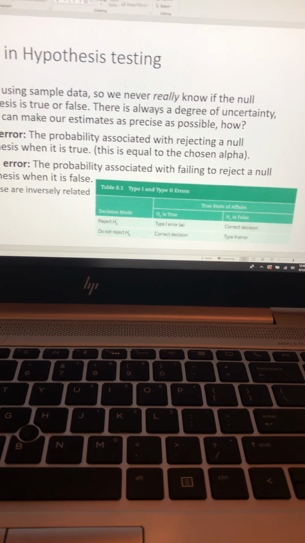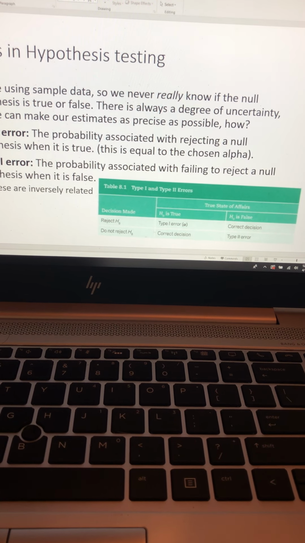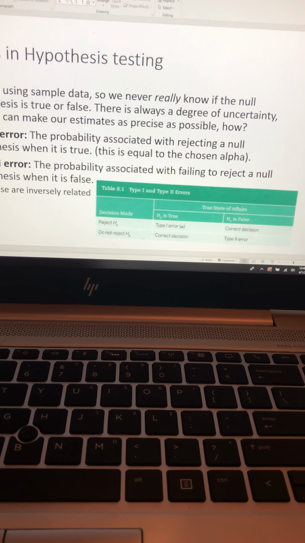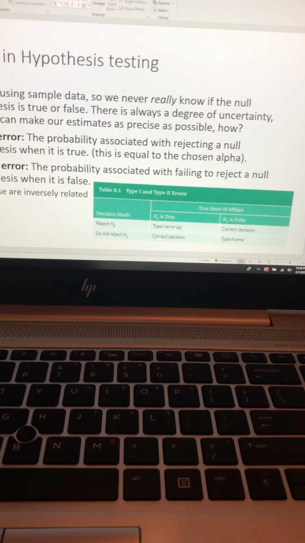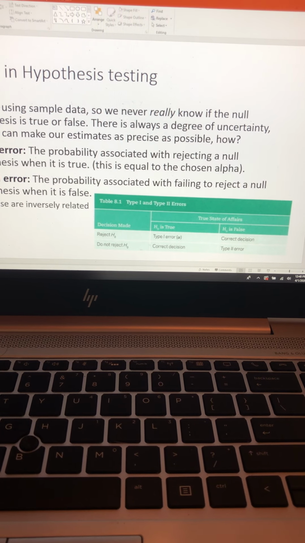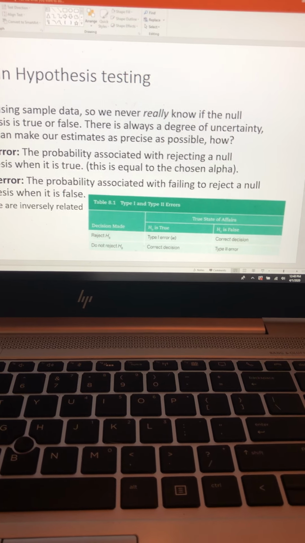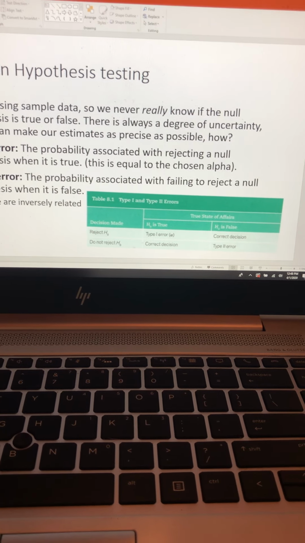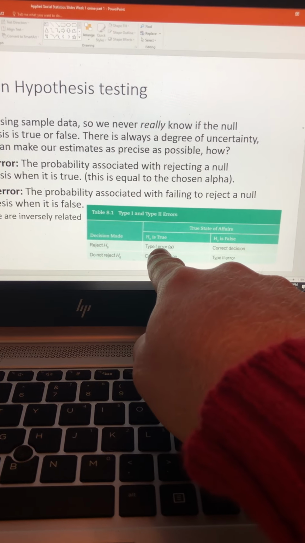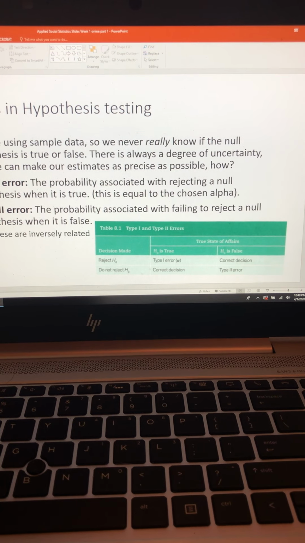So a type 1 error is the probability associated with rejecting a null hypothesis when in fact the null is true. So our decision here, that we're 99% confident that this Western HMO has less doctor experience than the national average, opens us up to potentially having a type 1 error.